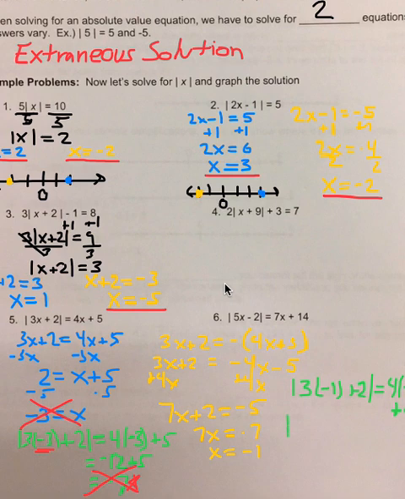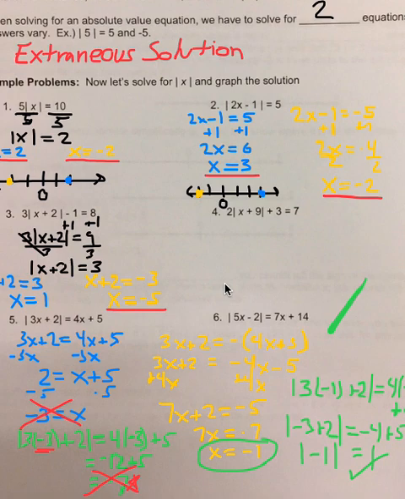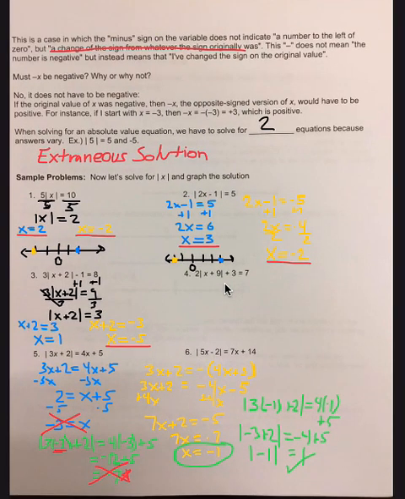And so that means we have the absolute value of negative 3 plus 2 equal to negative 4 plus 5, and that is positive 1 and the absolute value of negative 1. So those two check out. So our one answer is x equal to negative 1. That's the only one that works.